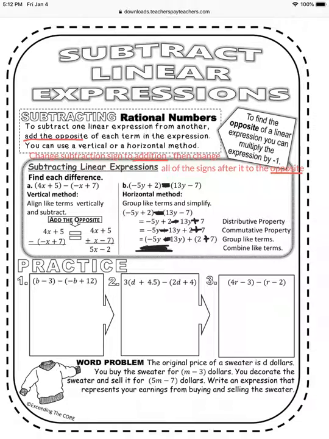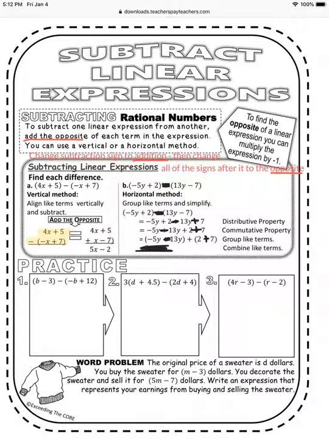So if we do the vertical method, we line it up. They took 4x plus 5, and underneath it, they put the negative x plus 7. And notice we are subtracting here. So when we subtract, I put in red that we change the subtraction sign to an addition sign, and we change all the signs that come after it, not before it, to the opposite.